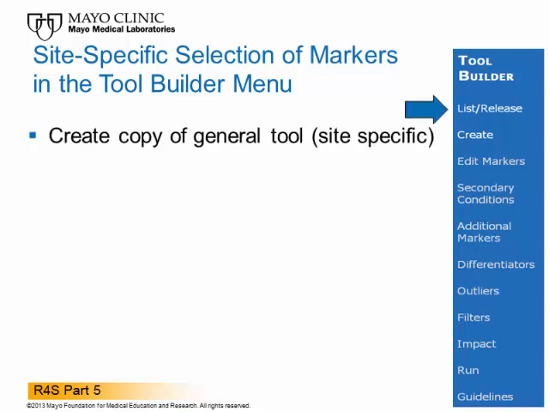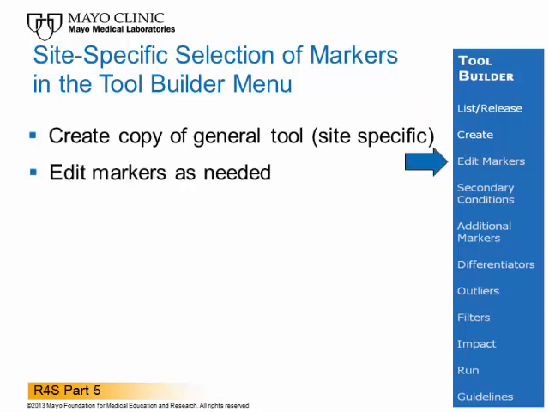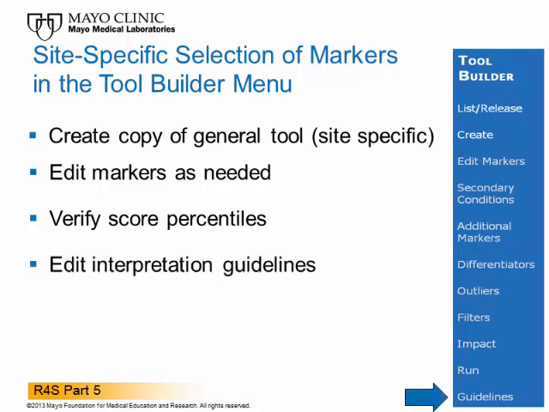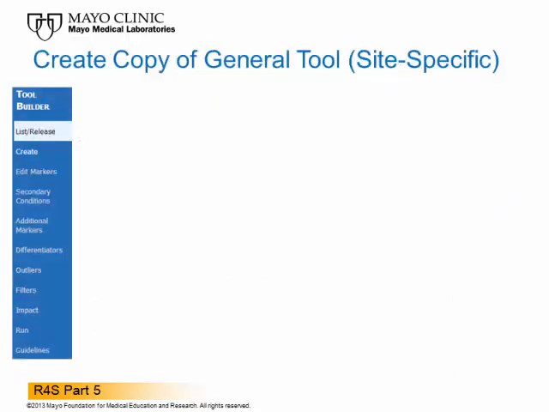Create a copy of a general tool, edit markers, verification of score percentiles, editing of interpretation guidelines, and release into production. A trained user can complete this process literally in just a few minutes, using a protocol that is described in detail in the following slides. In the Tool Builder menu, the selection of a tool to be copied takes place in the List Release window.